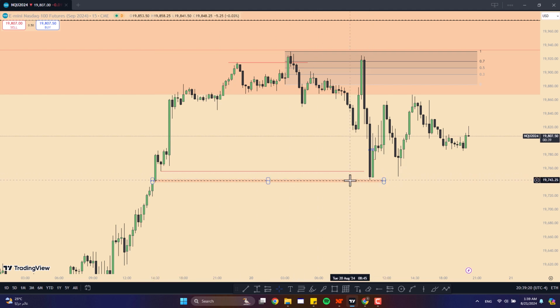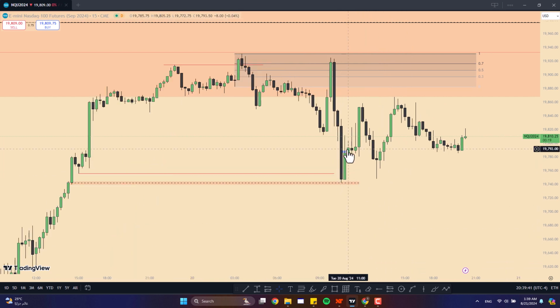I don't like to base my trades on these very small fractals. Also, the sweep right here happened only with a wick rather than a break of structure with body closures, so I'm not interested in this. I don't like to be the first buyer, especially with this weak zone right here. I prefer to wait for the structure to develop from here, right?